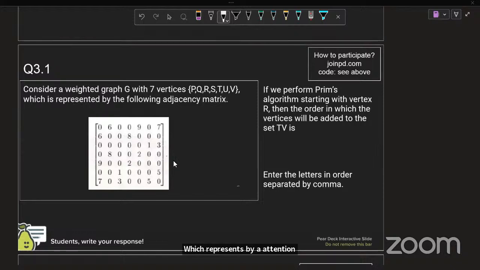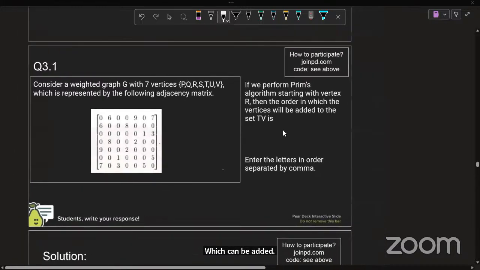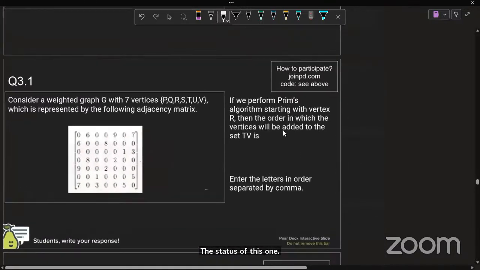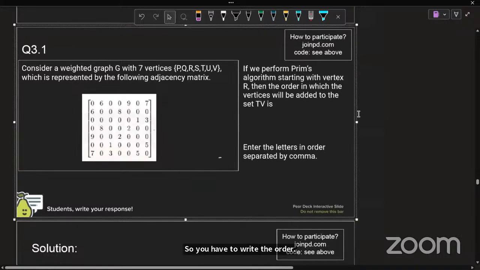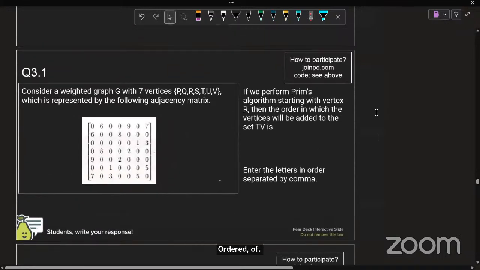You have to draw the graph, and then find the order in which vertices can be added to the set if you perform the algorithm. You have to write the order of the tree vertices. First of all, try to draw the graph of the adjacency matrix.